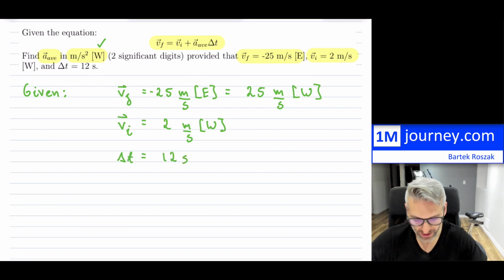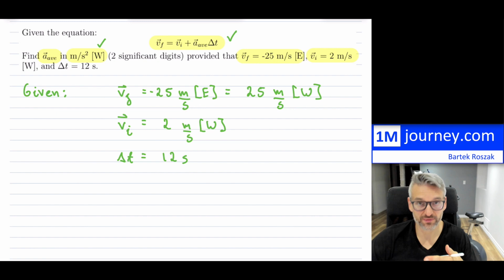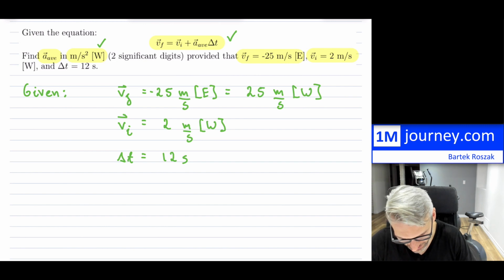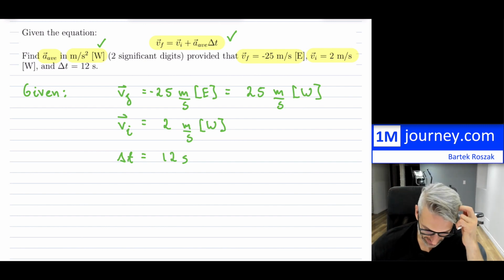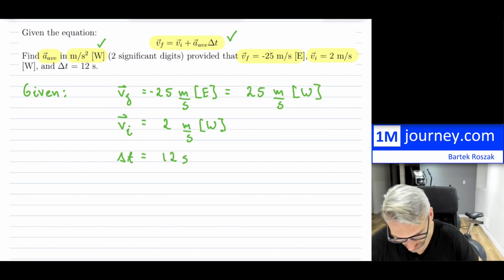Now I'm going to plug everything back in to find out what I need. Because everything is west, we can drop the direction, so we know that our direction for the acceleration will be west as well. Everything is in meters per second, and the time is in seconds, so that will align with our units.